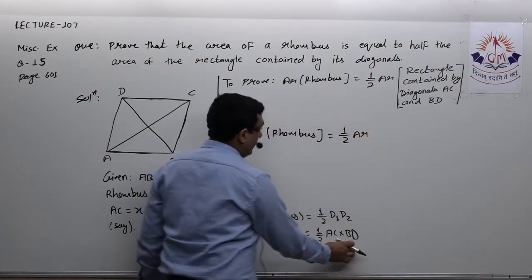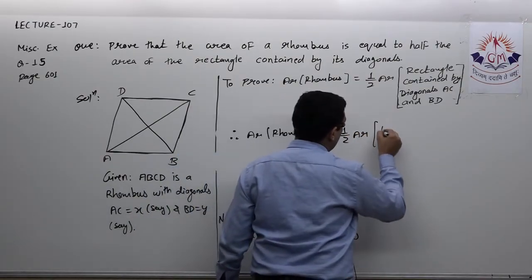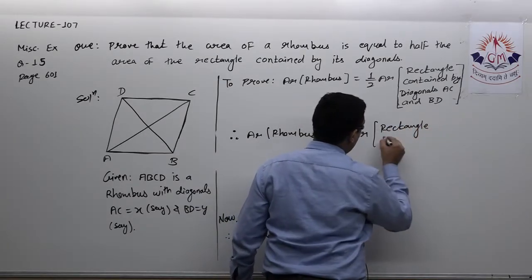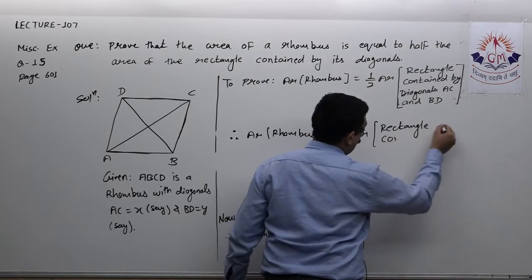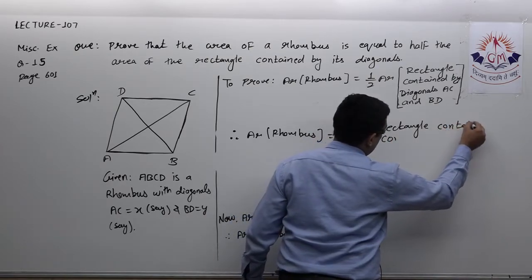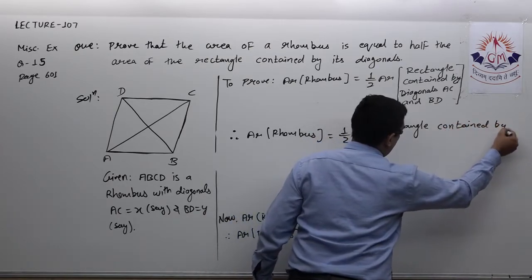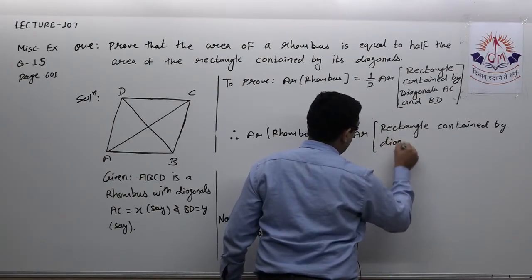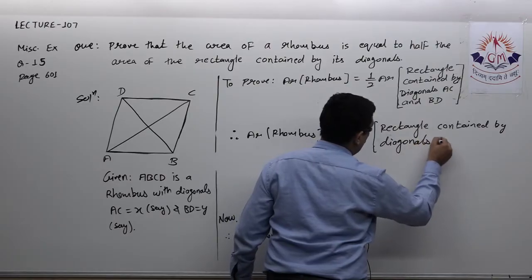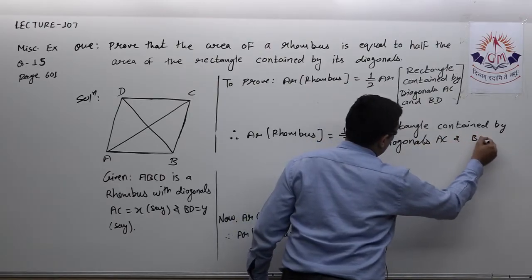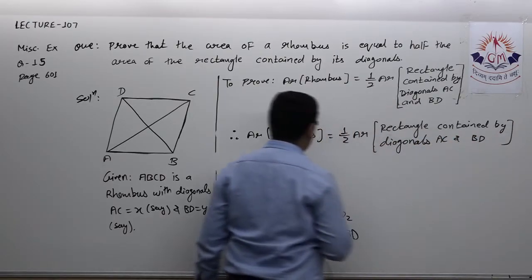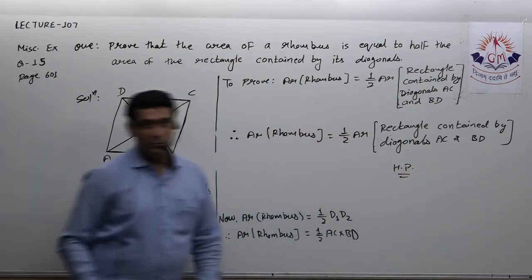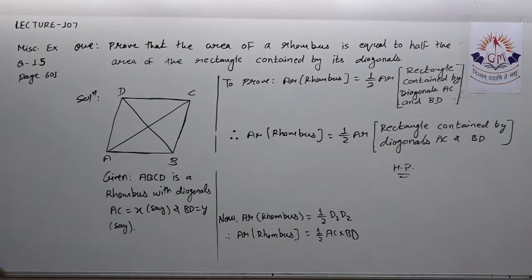In place of AC multiplied by BD, I can write the rectangle contained by diagonals AC and BD. Okay, so hence proved. Note it down, then we'll see the next question.